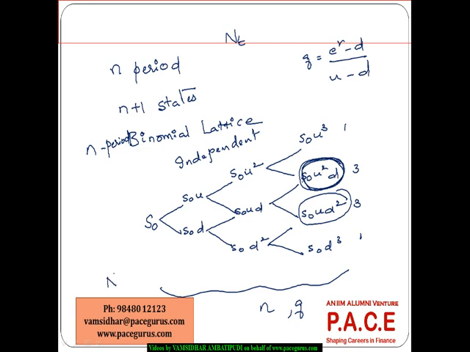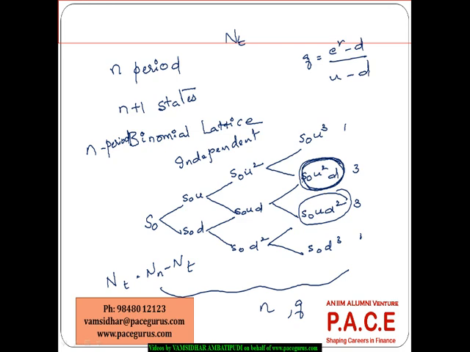So the total number of steps up to a time period t is completely a random variable following a binomial distribution, and it is completely independent of the number of up steps in non-overlapping time intervals.